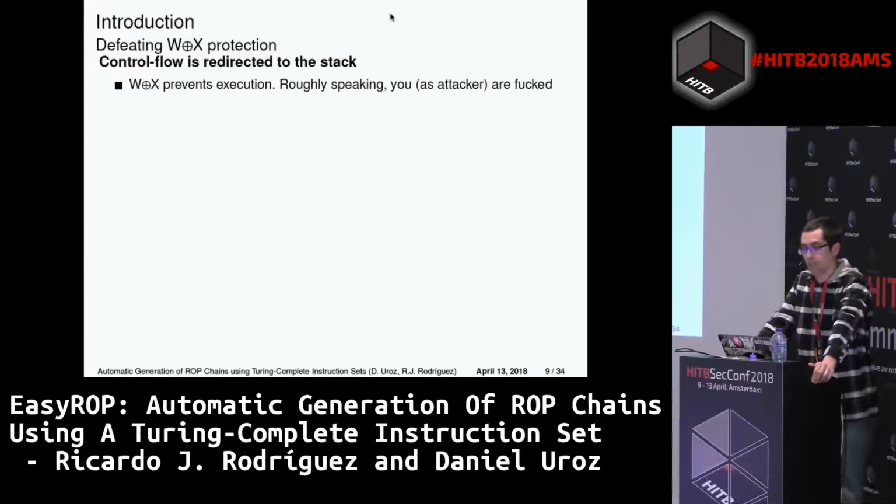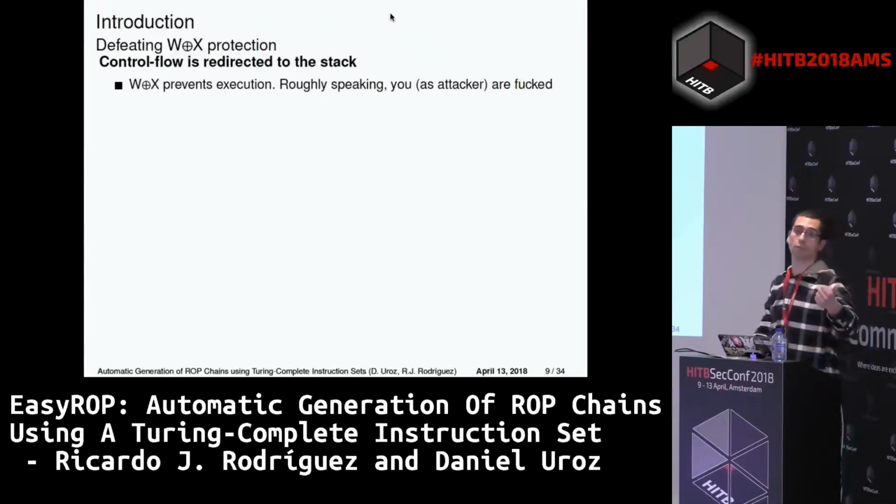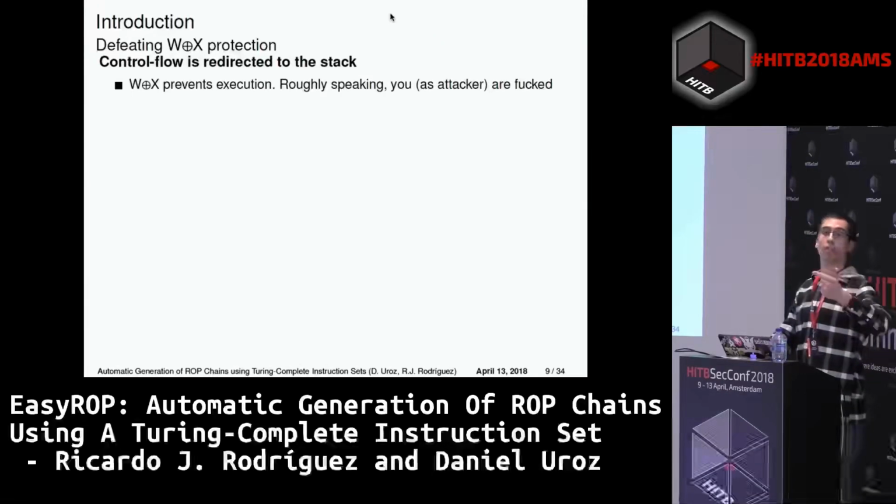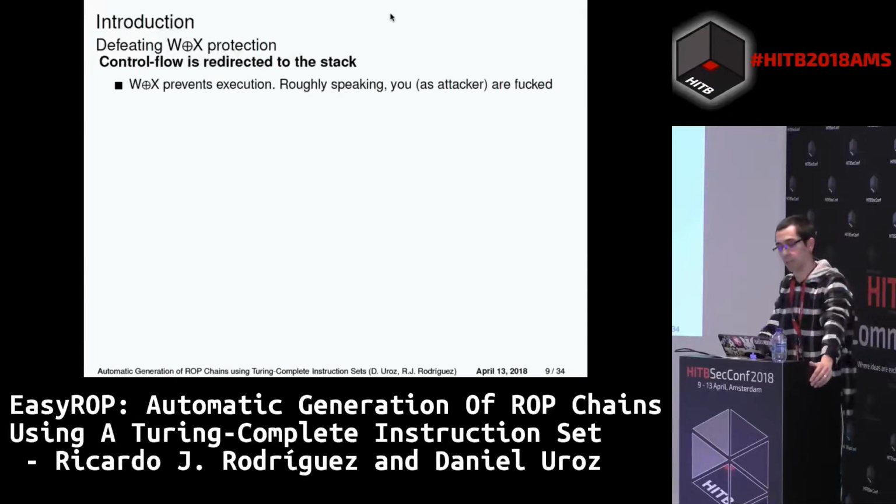However, since the program is defended with write or execute protection, we cannot execute the stack, because in the stack we can write or we can read, but we could not execute because of this defense. That means that as an attacker, you are out of luck.